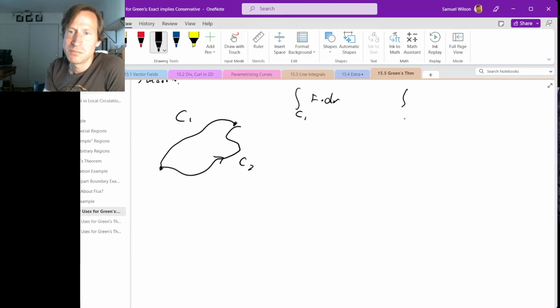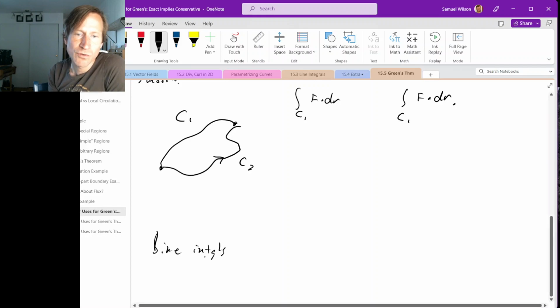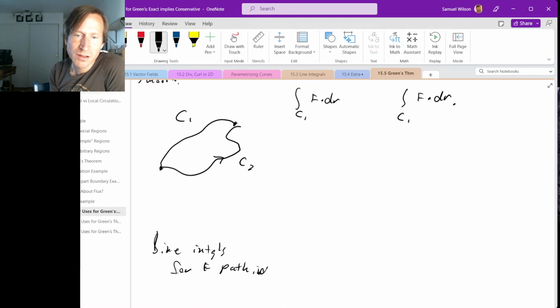That would be the integral over C2 of f dot dr. We're hoping that these two are equal because remember, if line integrals for f are path independent, we have already proved that that implies that f is conservative.